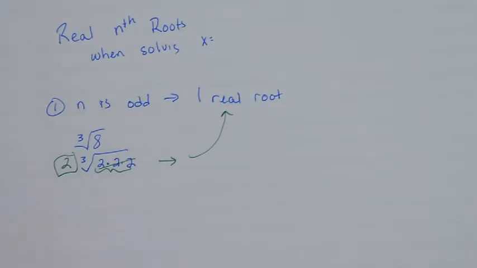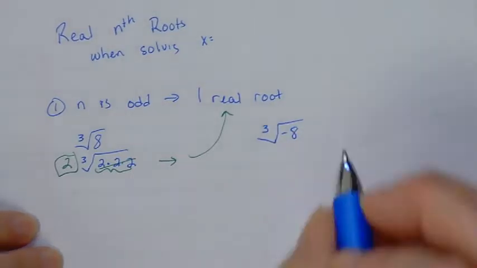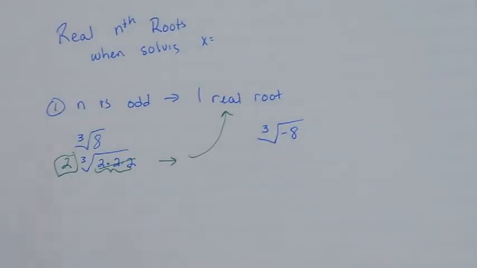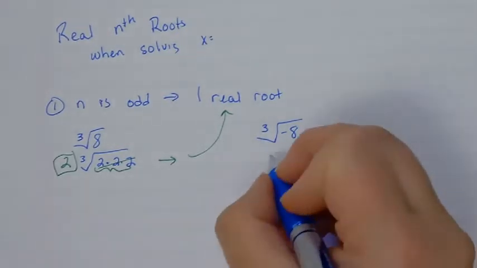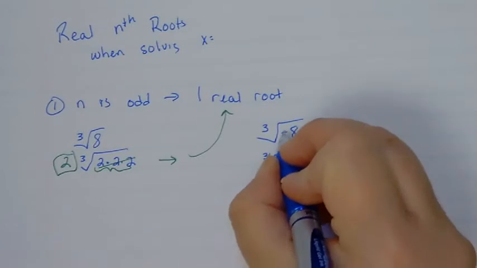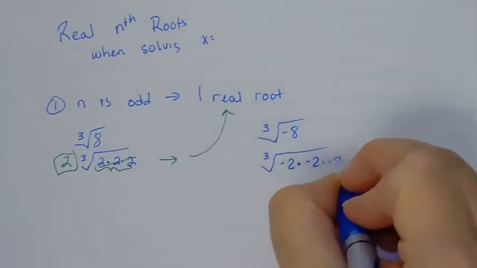But let's think about what happens if I had the cube root of negative 8. When we had even roots, we would have imaginaries. But that's not going to be the case in odd roots, because this could be negative 2 times negative 2 times negative 2.